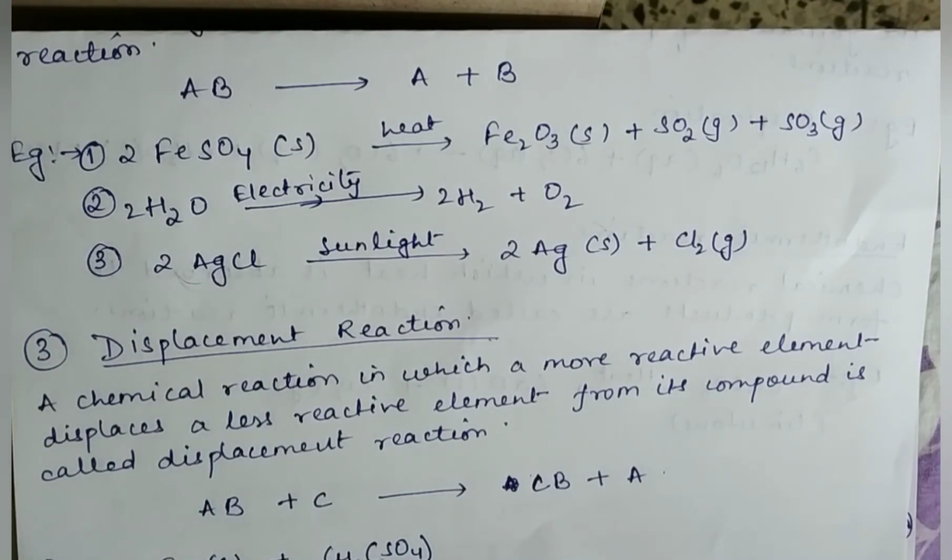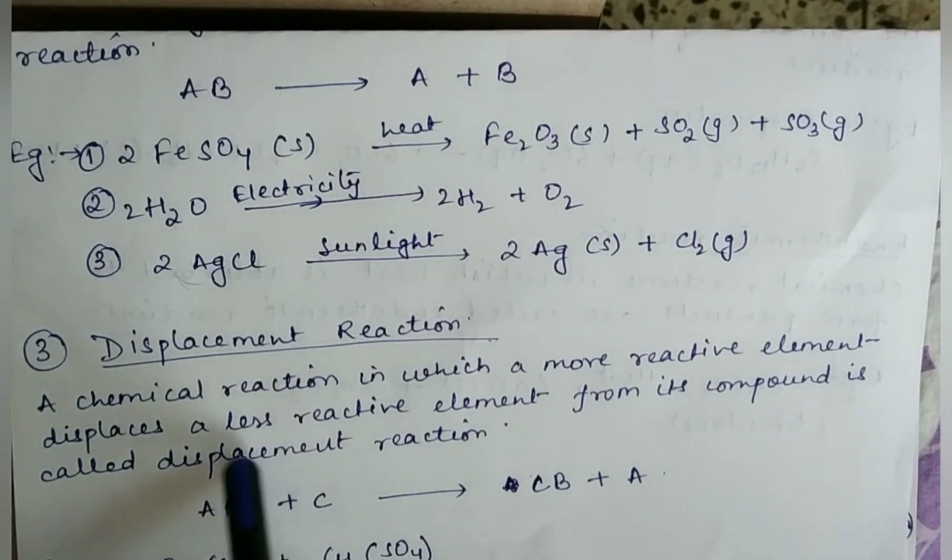So according to the definition, you have known that a displacement reaction is one in which one of the reactants, which is more reactive than the other reactant, displaces this element from its compound.